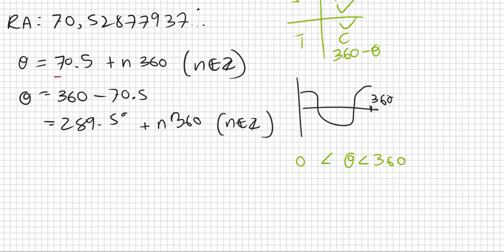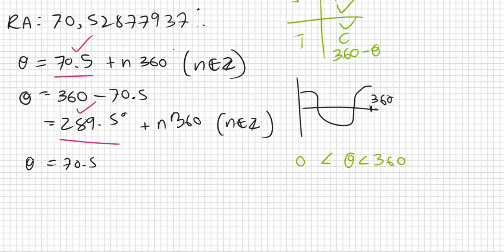Let's take a look. So 70.5 is definitely within, it's correct. So 70.5 exists. Theta is definitely going to be equal to 70.5. And if we plus 360 to 70.5, it goes further than 360. So that's the only one. Then we look at 289.5. That exists.